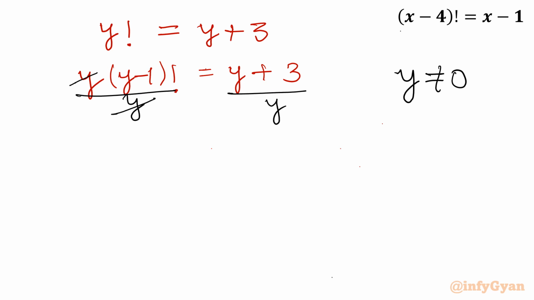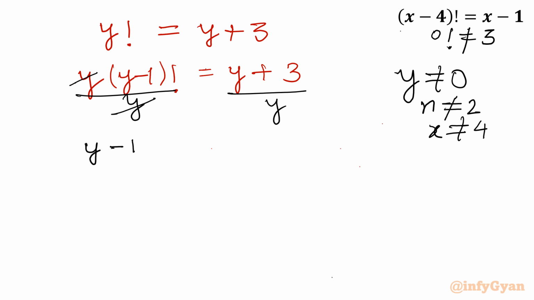Once y is equal to 0, that means n cannot be 2, x cannot be equal to 4, and you can check from here, 0! is not equal to 3, so it is acceptable. Left hand side I will be writing (y − 1)!, RHS will be 1 + 3/y.